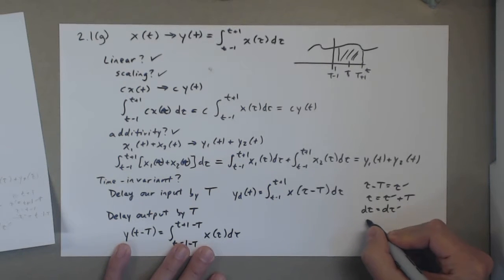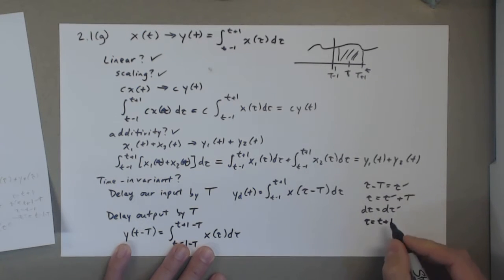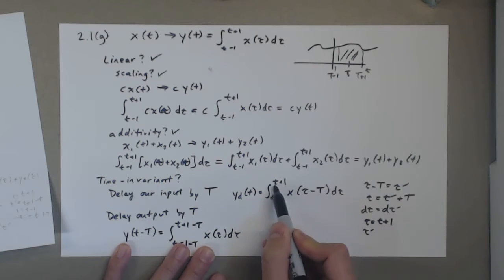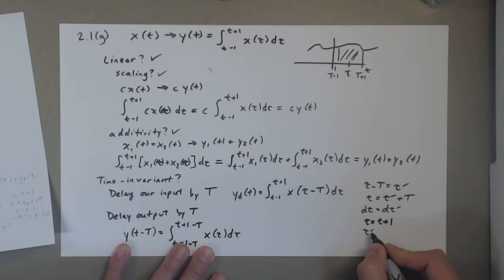We can say if tau is equal to t plus 1, then tau prime, because that's the limits of our integral, is going to be equal to t plus 1 minus the delay. And similarly, when tau is equal to t minus 1, tau prime is going to be equal to t minus 1 minus T.